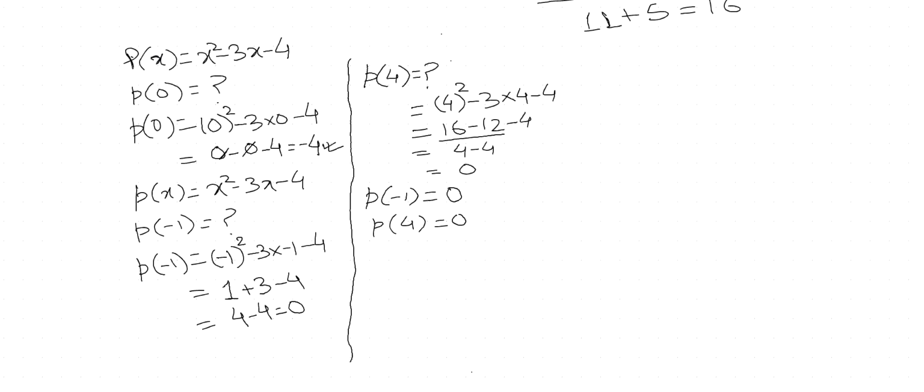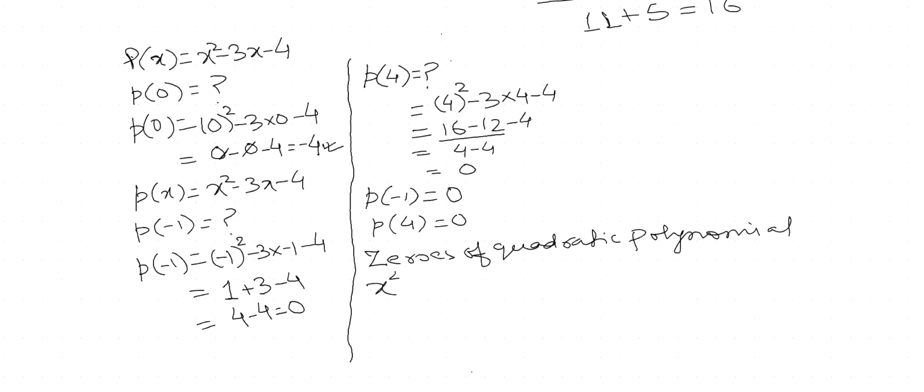So if someone asks you, tell me the zeros of the quadratic polynomial x squared minus 3x minus 4, what will be the answer? Minus 1 and 4.